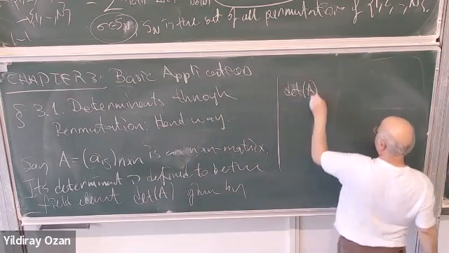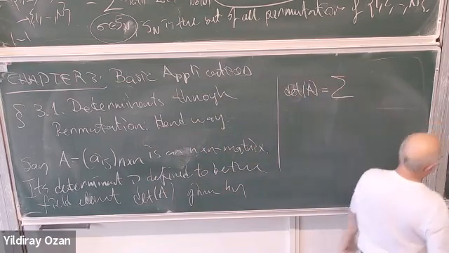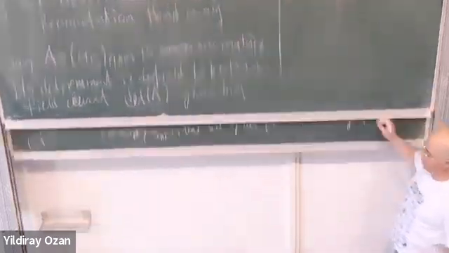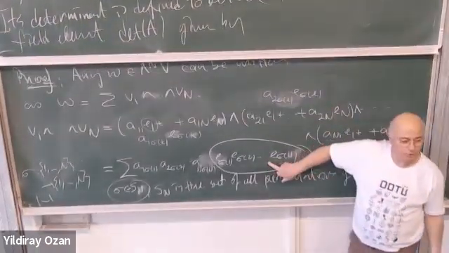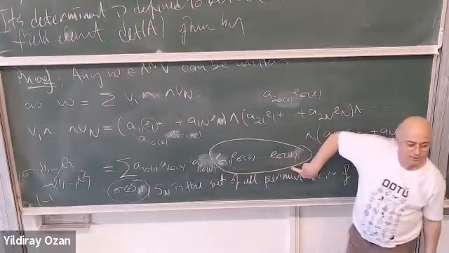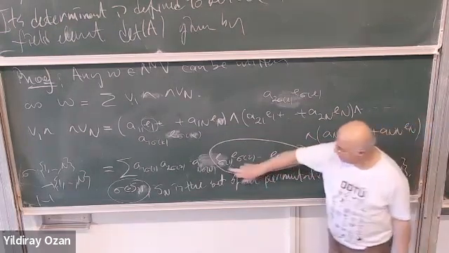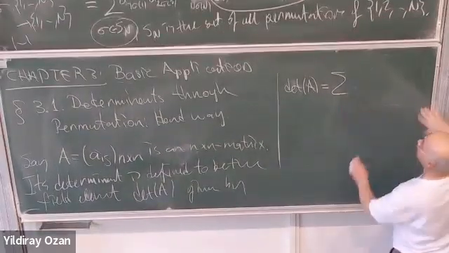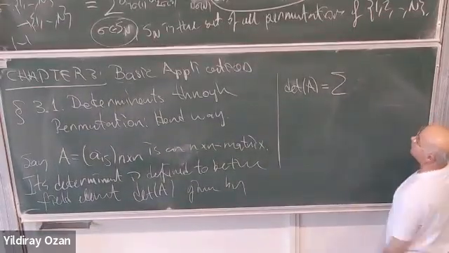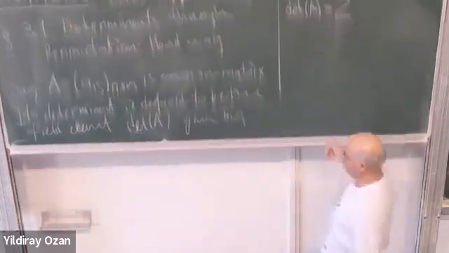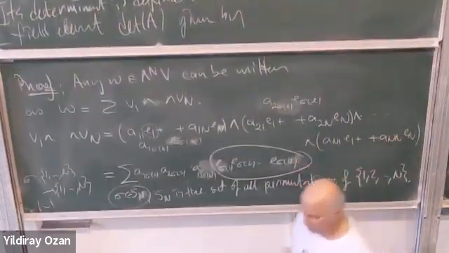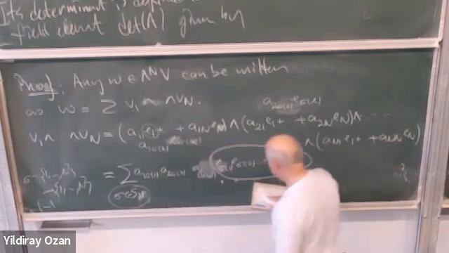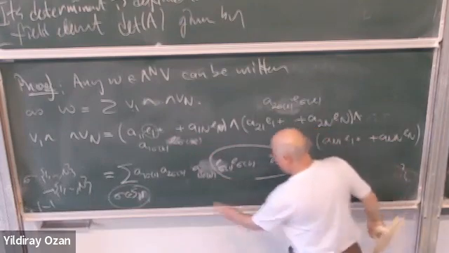The determinant of A is just this expression, okay? You don't have these e_i, basis elements. We have just this. Here, of course, I can write one more line.